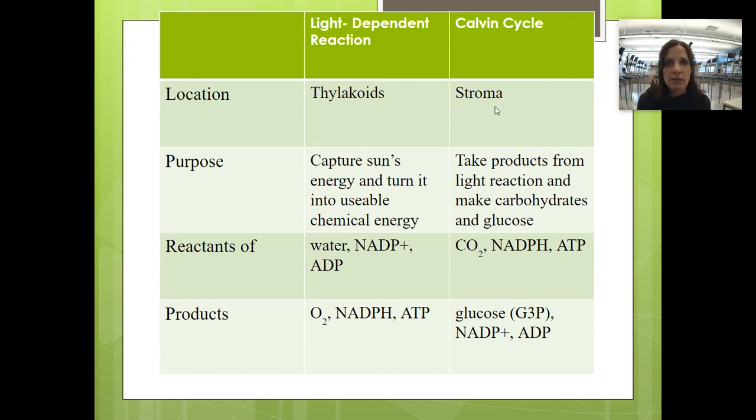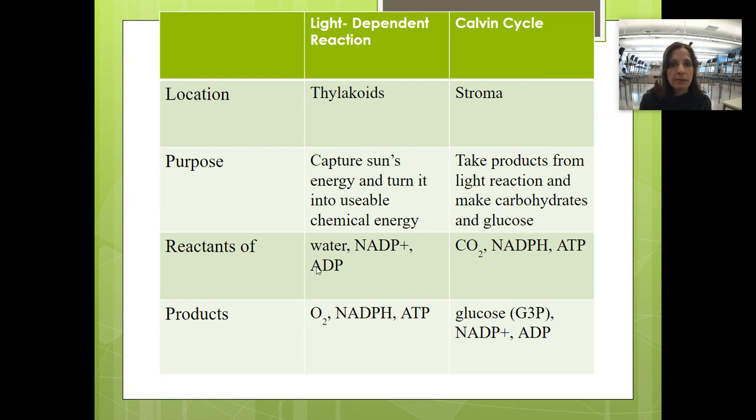The Calvin cycle happens in the stroma, which is basically the cytoplasm of the chloroplast. The purpose of the light-dependent reaction is to capture the sun's energy and turn it into usable chemical energy that can then be used in the Calvin cycle.